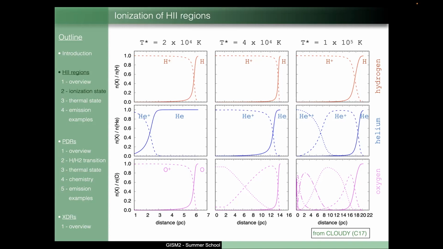One fun result here is that the transition O+ to O is always locked in an H2 region to the transition H+ to H. And the reason for that is charge exchange between O+ and H at the transition from an H+ dominated region to an H dominated region.